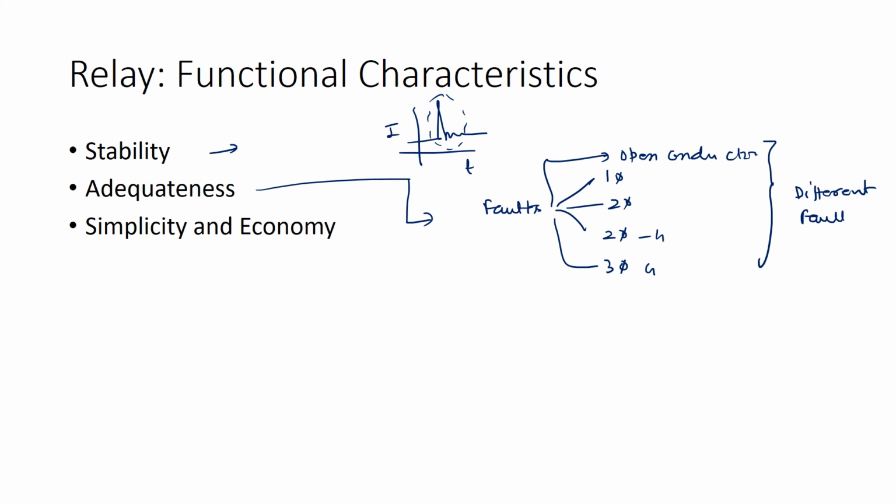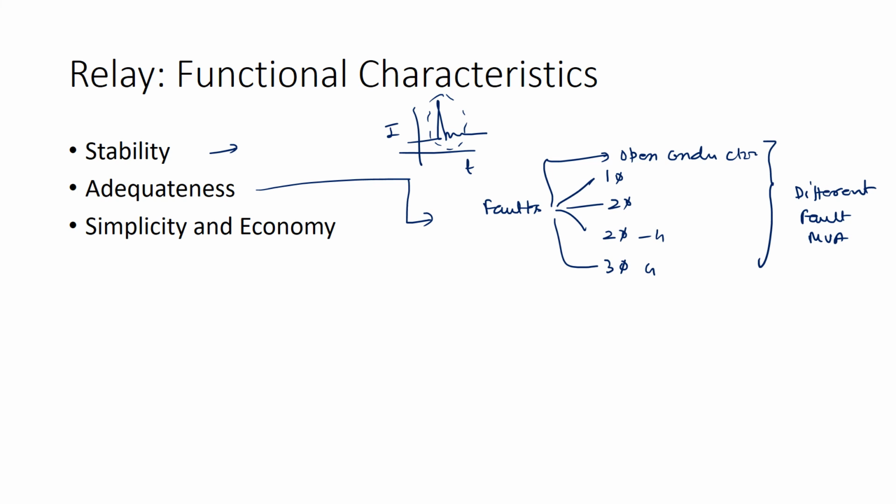Different fault MVA will be there for all these faults, and the affecting phases are also different. There may be phase A, phase B, phase C, and the faults are occurring in different parts. So the point is you need to be very clear about the adequateness.